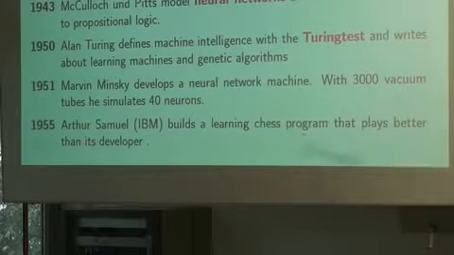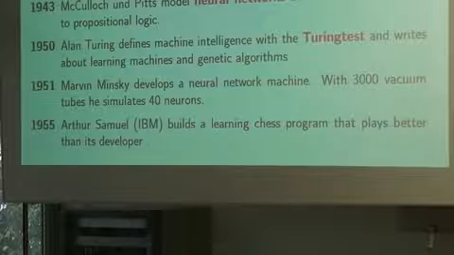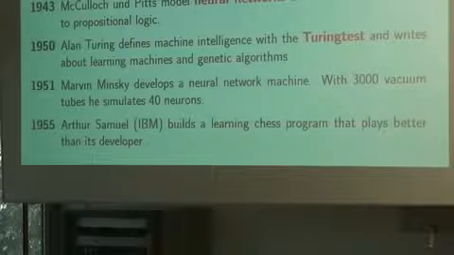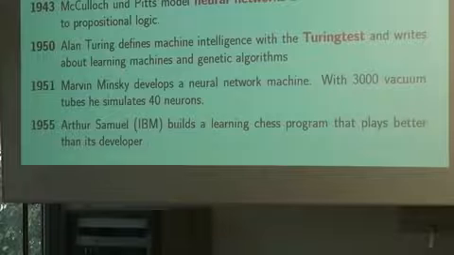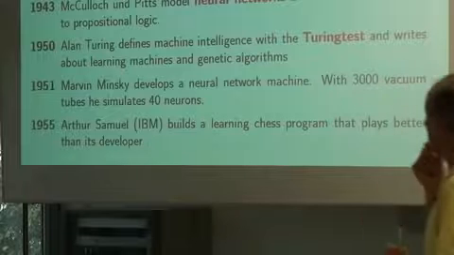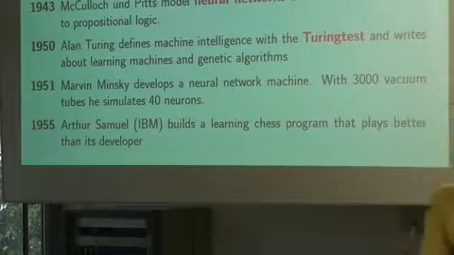Then in 1955, Arthur Samuel, a researcher from IBM, built a learning chess program. This is a typing error, I'm sorry. It was not a chess program, it was a checkers program.